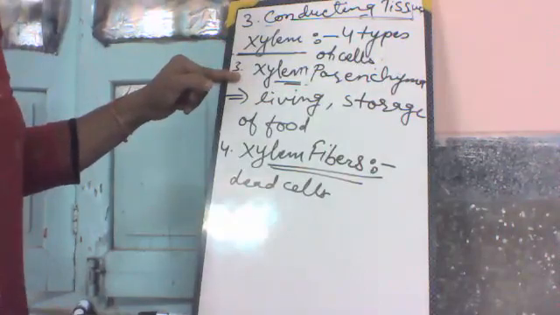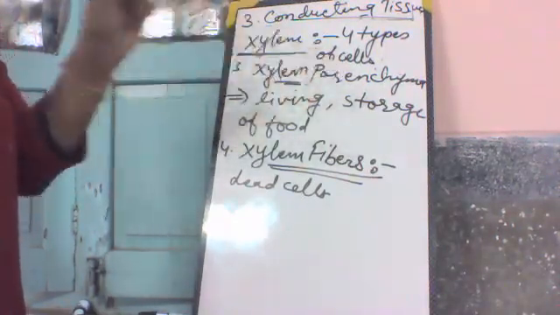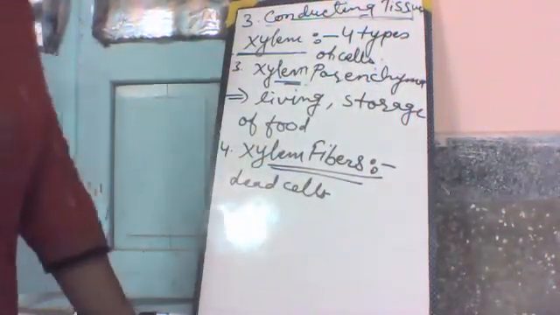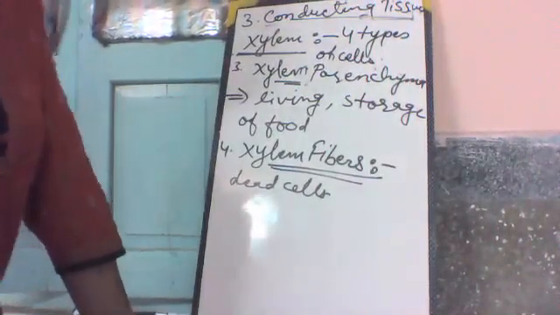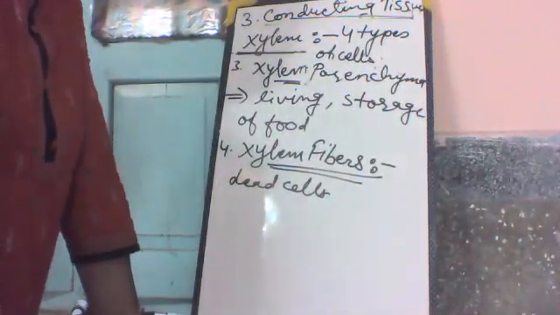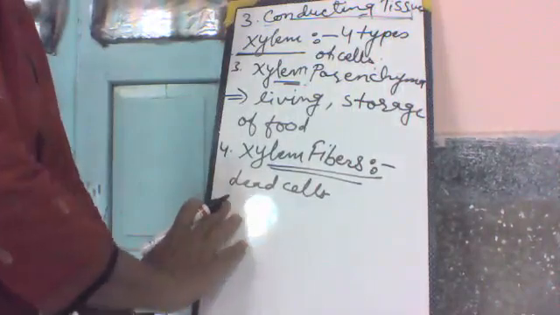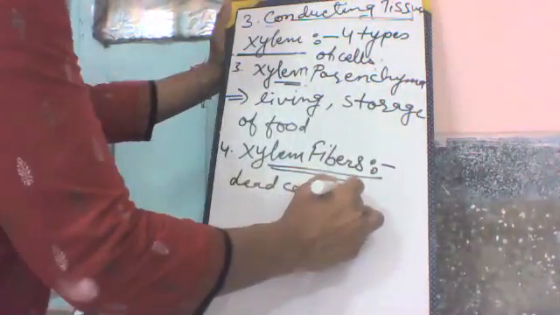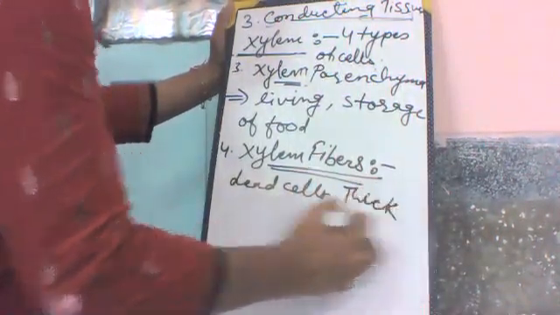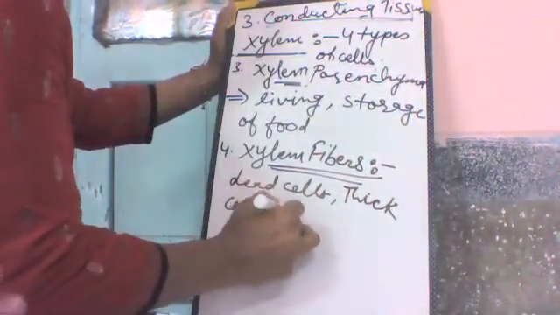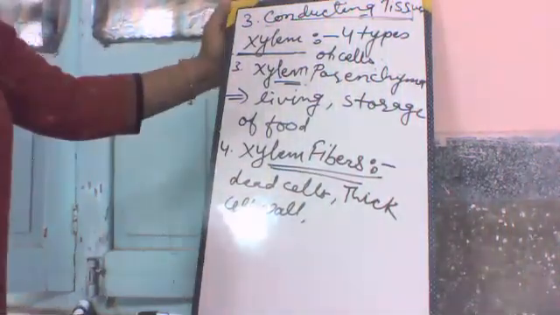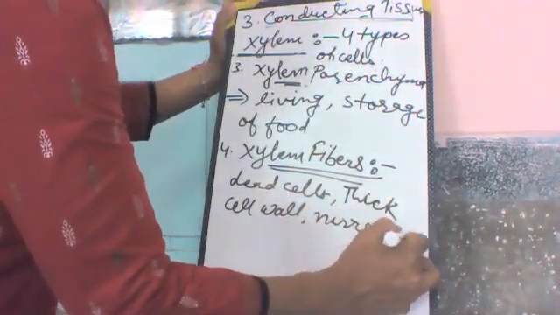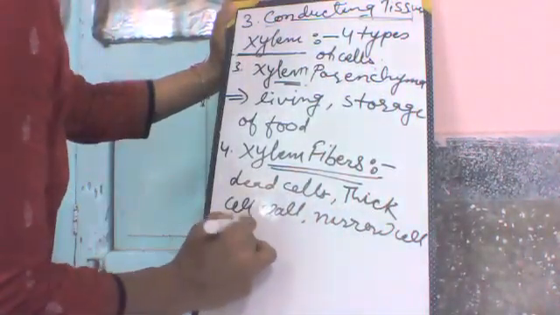Xylem parenchyma is found in the soft part of xylem, but the other name of xylem fibers is xylem sclerenchyma, and these cells are dead, having a thick cell wall, narrow with tapering ends.